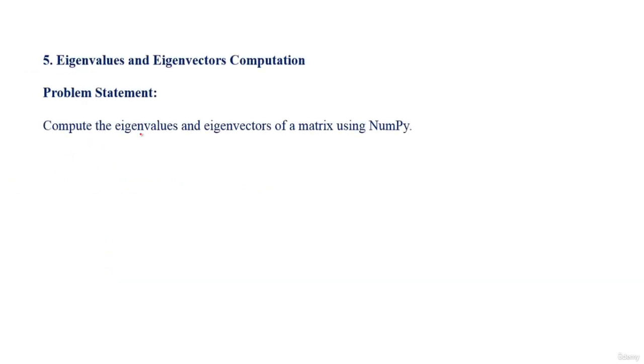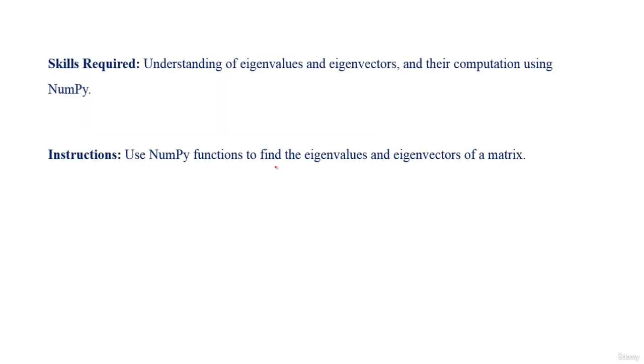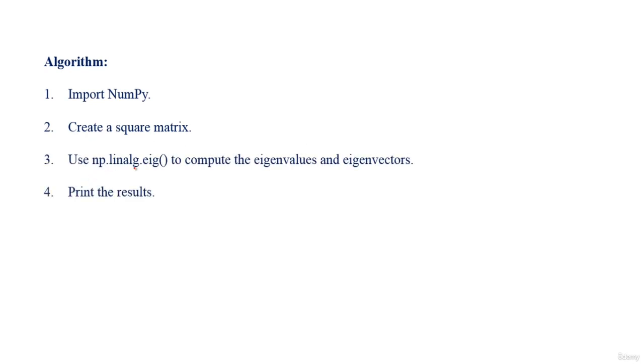Another is the 5th problem. Compute the eigenvalues and eigenvectors of a matrix using NumPy. How can you compute the values and vectors? For example, you have a NumPy array. Skills required, instructions and algorithm steps you need to follow, and I will use this method.